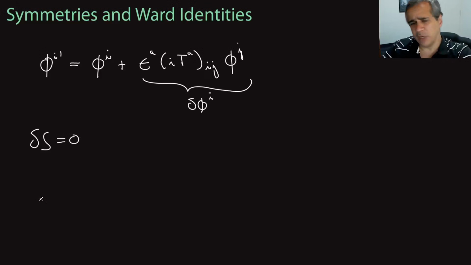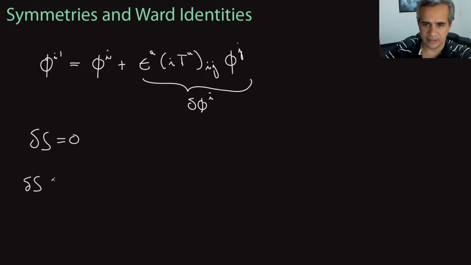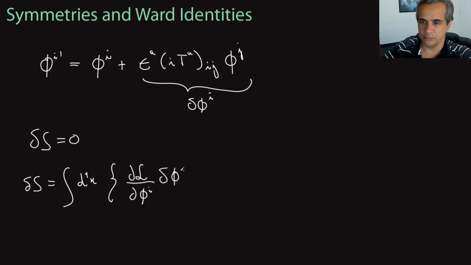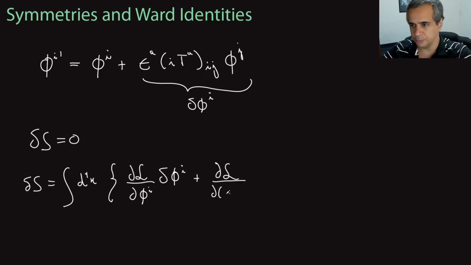We know that I can write this transformation as the transformation of the Lagrangian: del L del phi I, delta phi I, plus how the derivatives of the field change, del L del del mu phi I, del mu delta phi I, right?